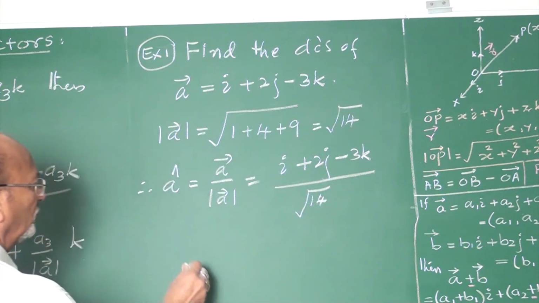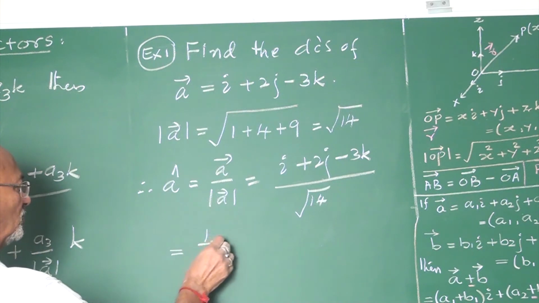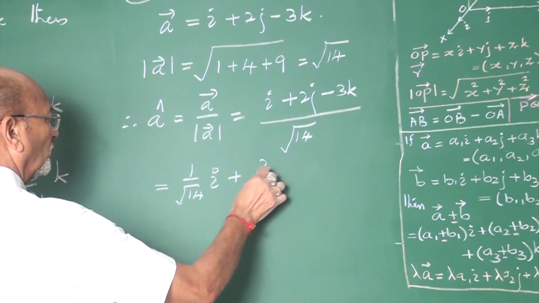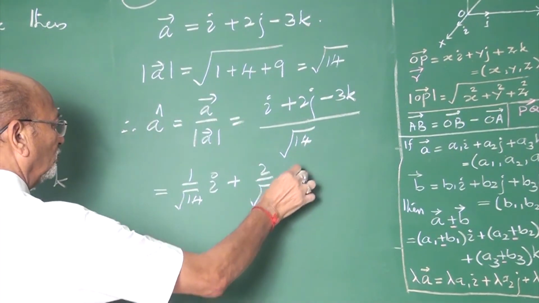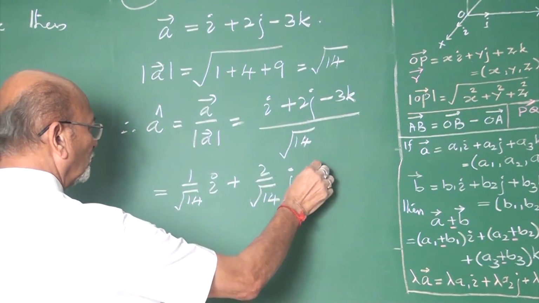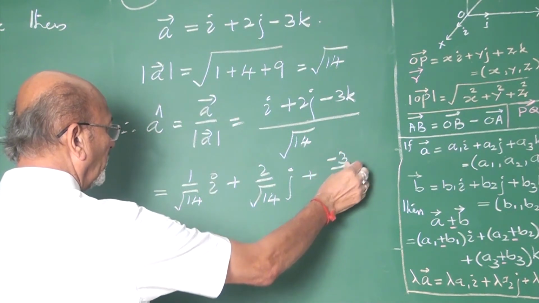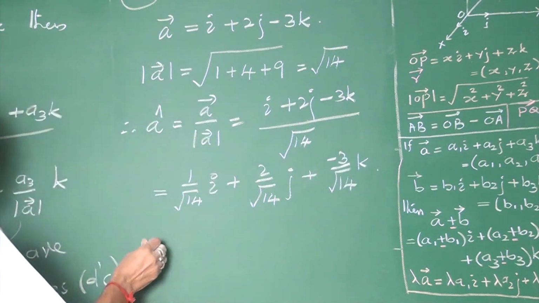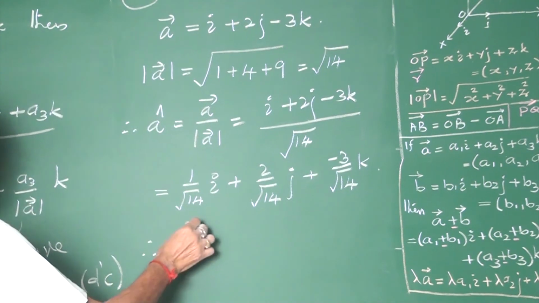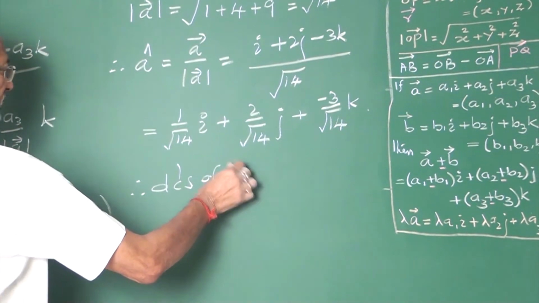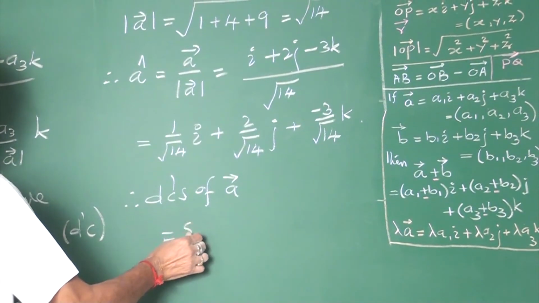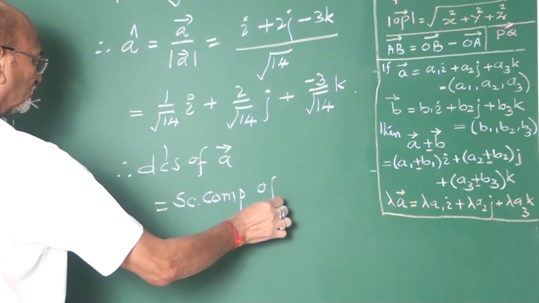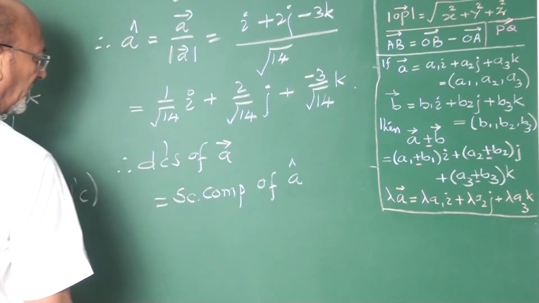Write it in the form of scalar components: 1 upon root 14 into i plus 2 upon root 14 into j. When there is a minus, you write that minus separate. Minus 3 upon root 14 into k. Yes, my friend. What are the direction cosines? Direction cosines of the vector A are nothing but scalar components of unit vector, that is A cap.